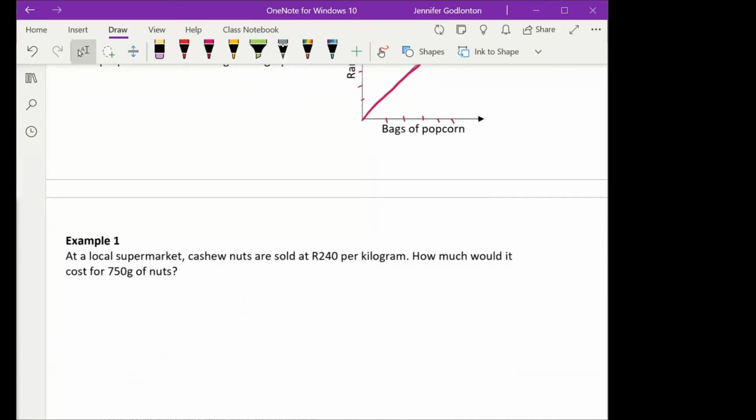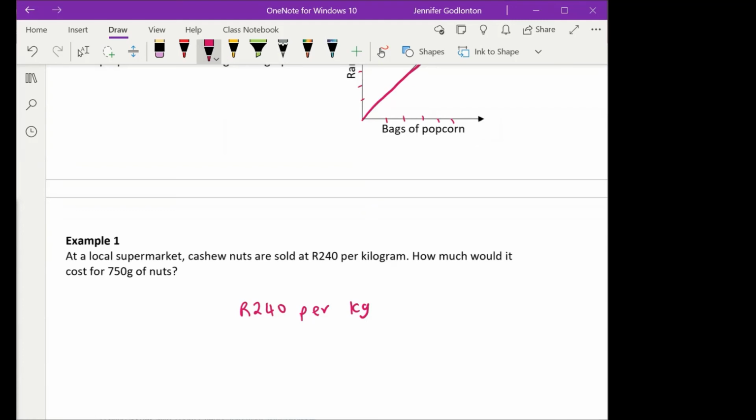At a local supermarket, cashew nuts are sold at 240 Rand per kilogram. How much would it cost for 750 grams of nuts? So, first question I'm going to ask you is, if I buy more cashew nuts, is it going to cost more or would it cost less?